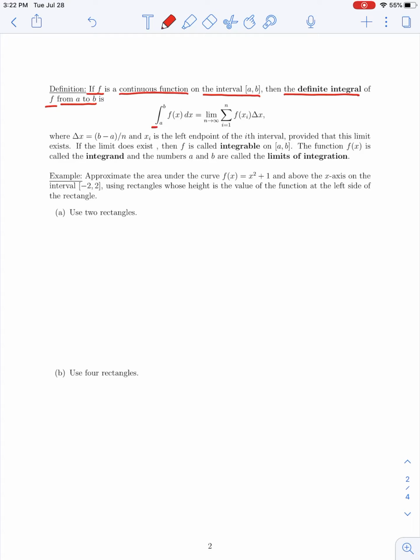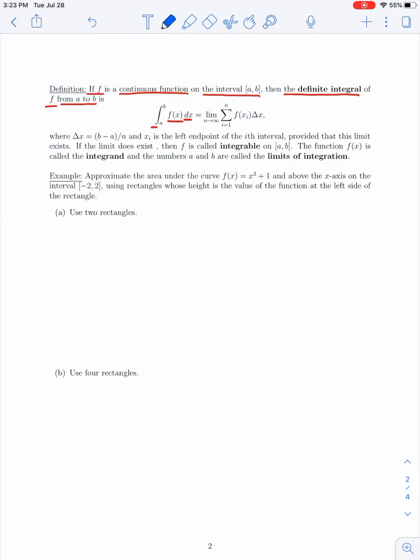We have this sort of elongated s, which is called the integral sign. We have the function f of x that we're considering the area under, which is a function of the variable x. So our dx on the end is used to denote which variable we're working with.